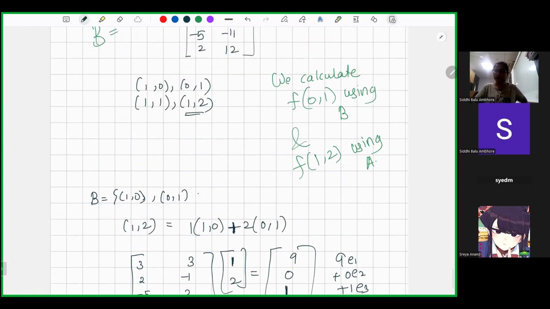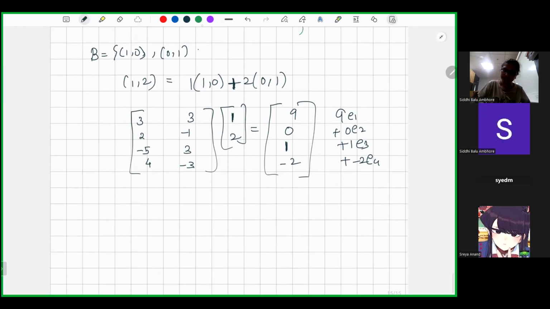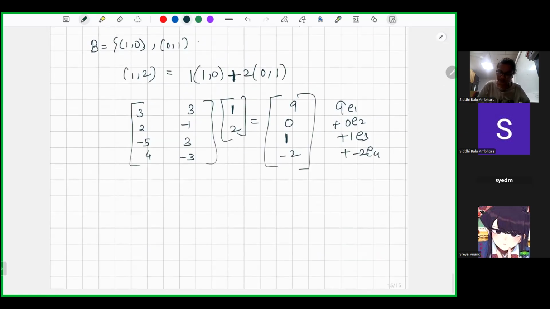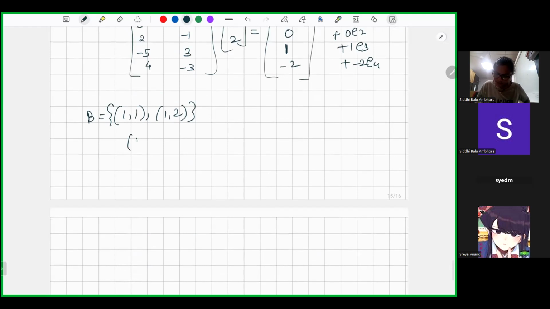But now when I do this for 1 0 using B, how? Now my B is 1 1 and 1 2, and I express 0 1 in terms of these two elements. How will it be? It will be minus 1 1 comma 1 plus 1 1 comma 2, right?